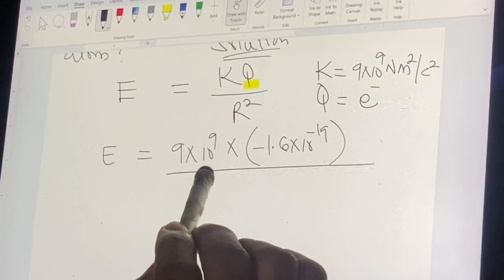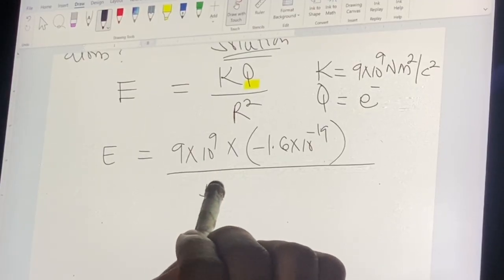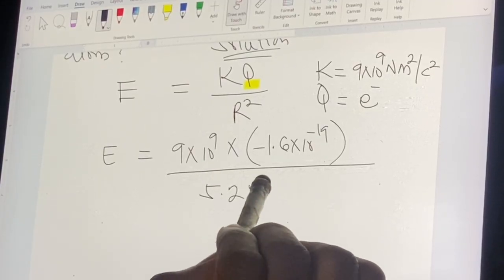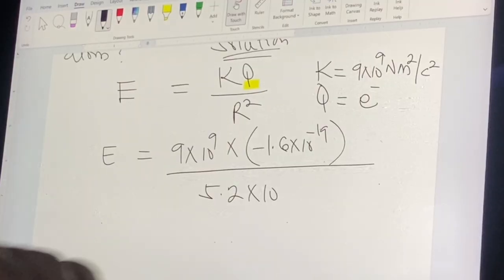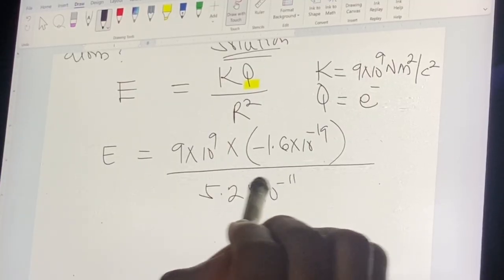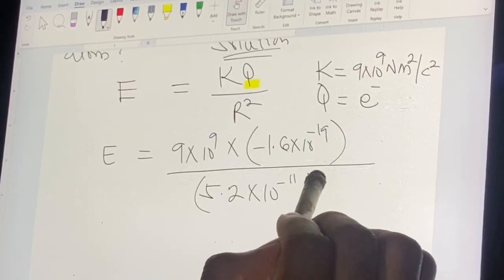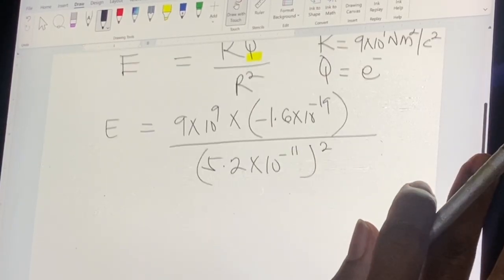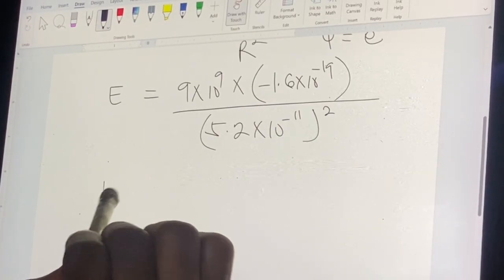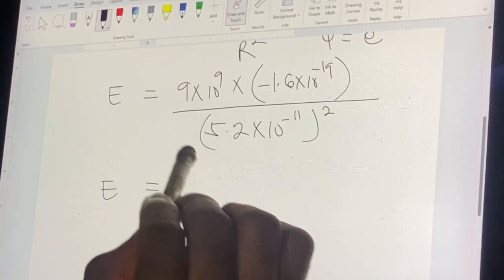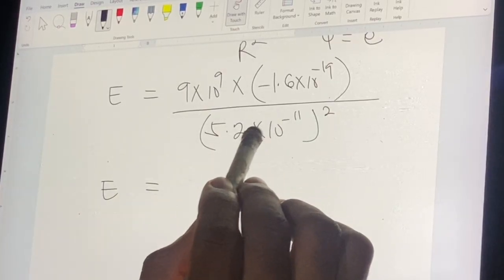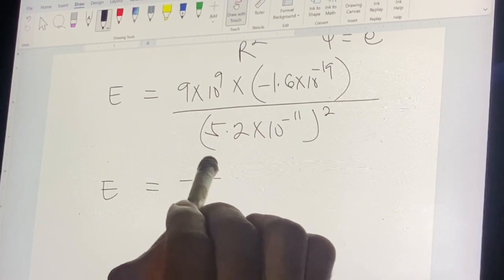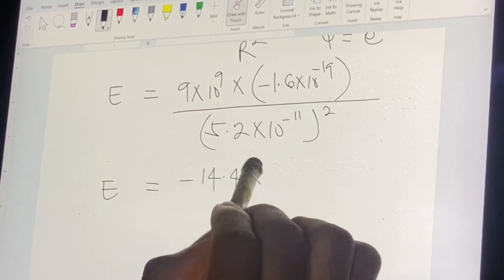So representing the radius here, this is going to be 5.2 times 10 raised to the power of minus 11, all squared. So class, let's multiply. E will be equal to 9 times minus 1.6, which will give us minus 14.4, times 10 raised to the power.